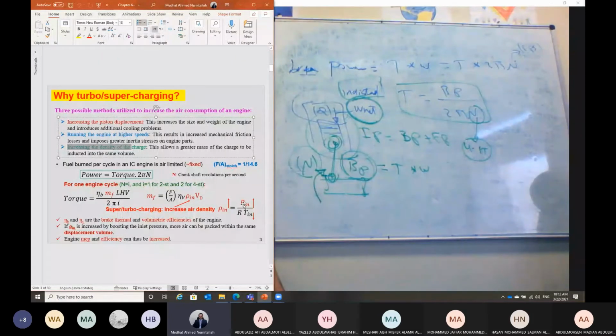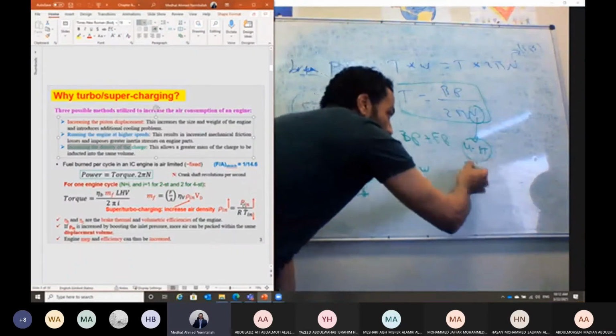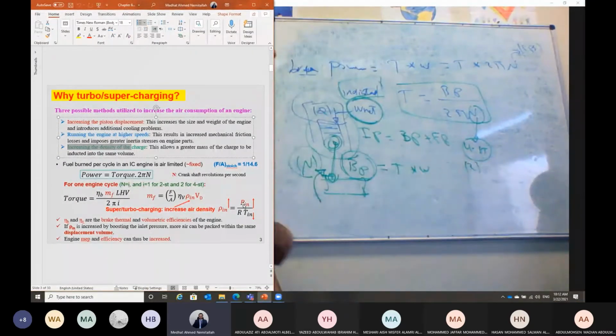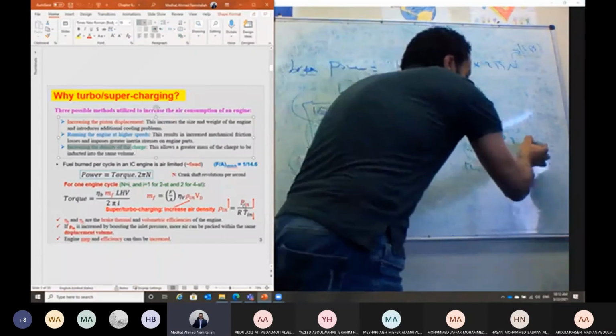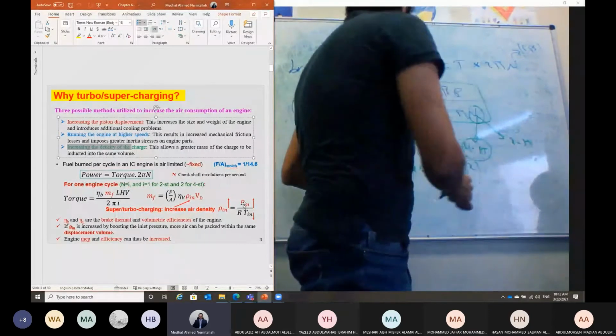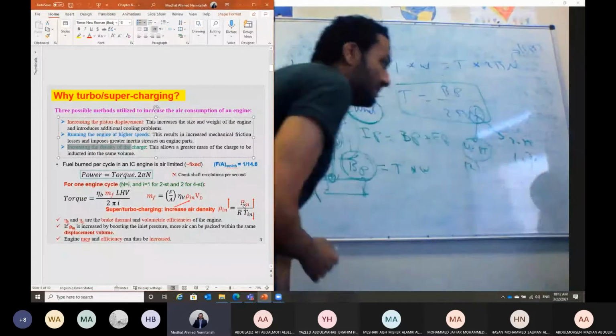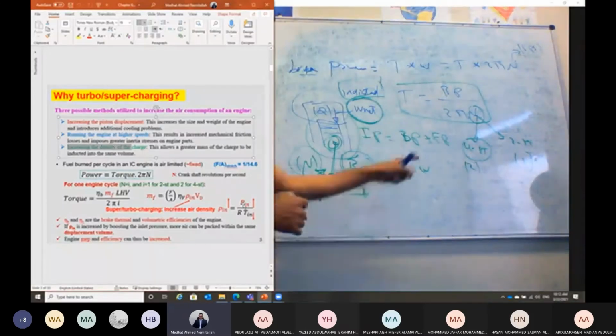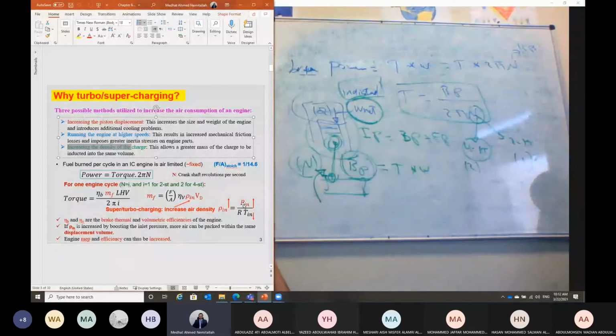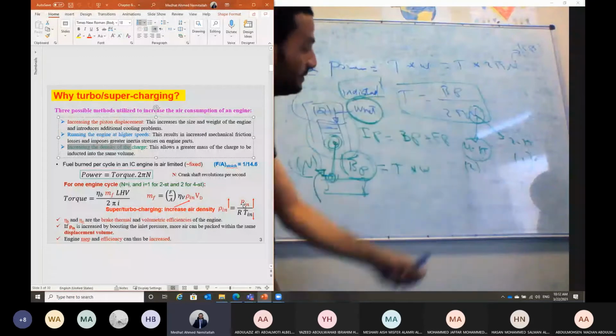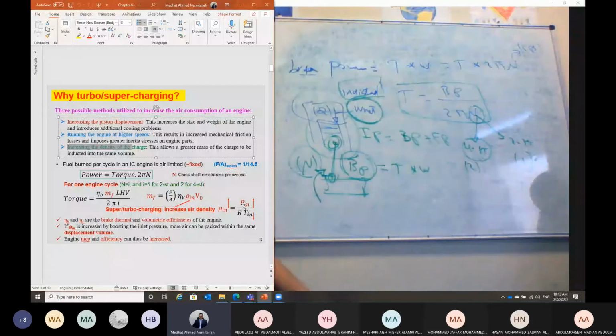So for one engine cycle, the number of revolutions will equal 2 in case of a 4-stroke engine, and in case of a 2-stroke engine, for one cycle the number of revolutions will equal 1. Anyway, we'll be talking about this later on. But from here, the torque will equal the brake power divided by the angular velocity, which is 2 pi n in this case.